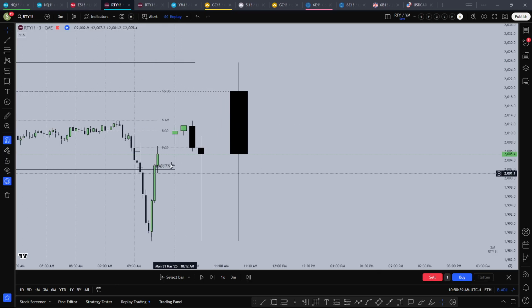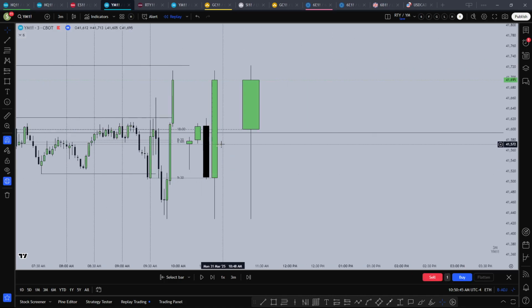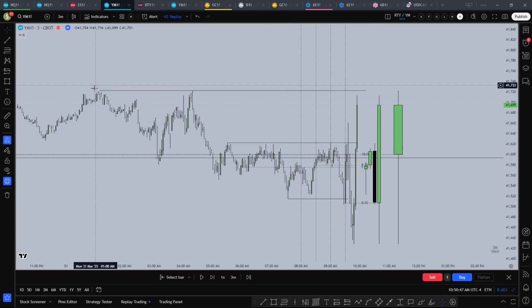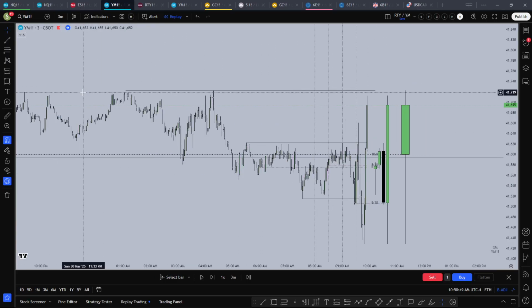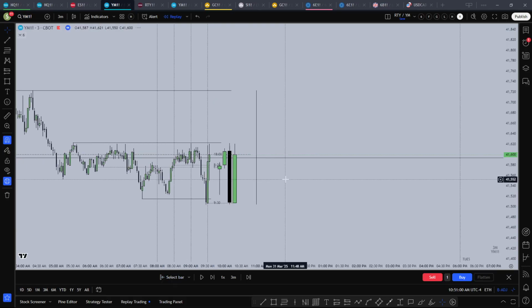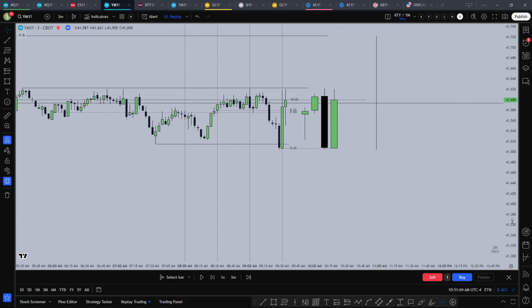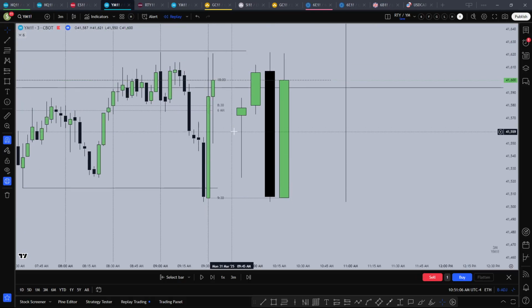And at the same time, YM was the stronger asset, I guess so. Not the stronger, but the strongest. This being the retracement, this being the reversal objective, current high of the day. And yes, if you remember here, this move back up on YM looked like retracement, right?